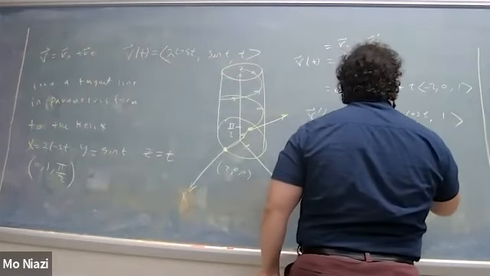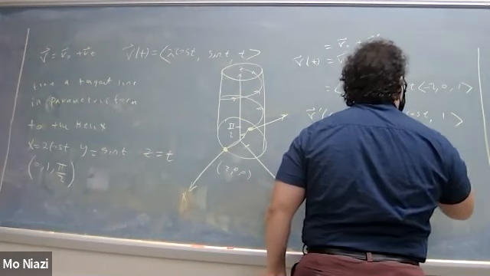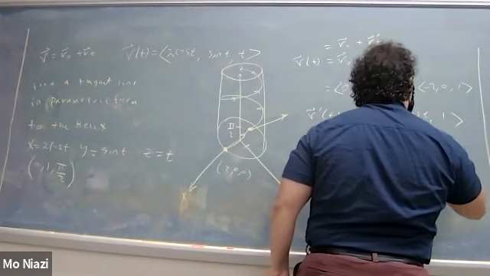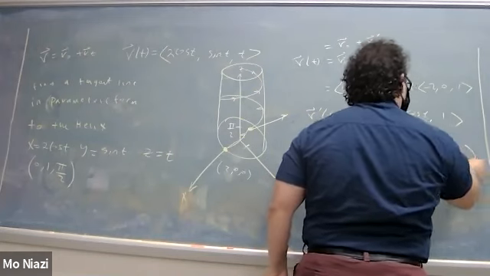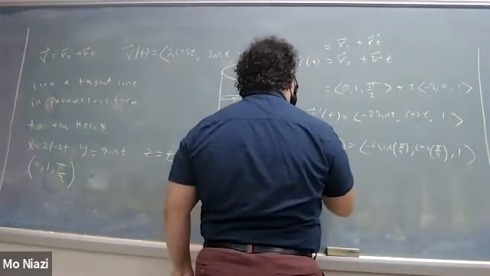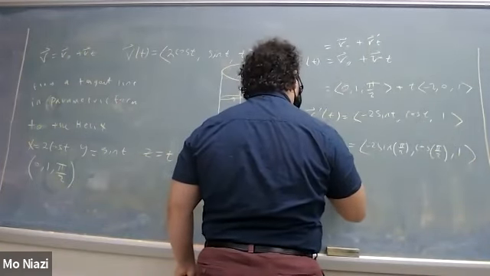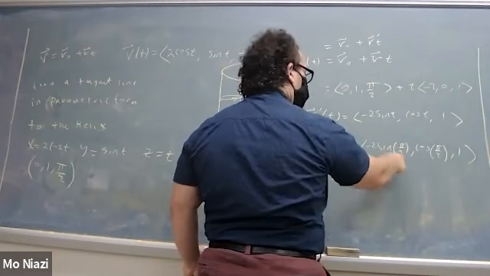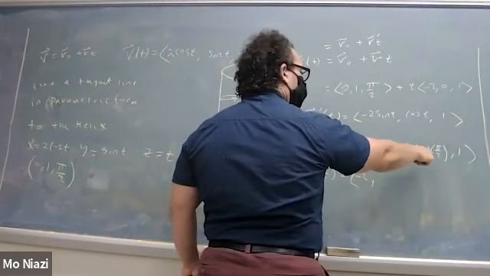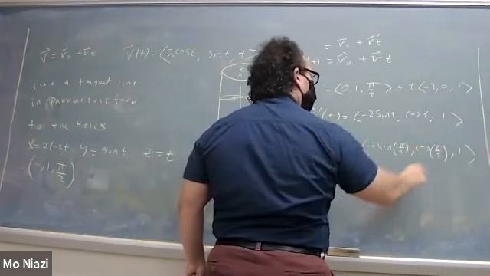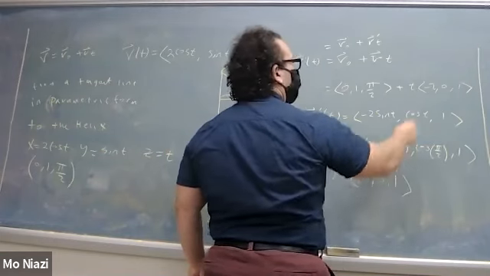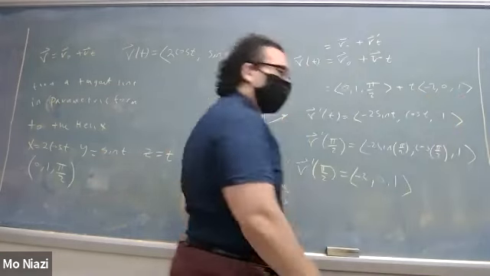Negative 2 sine of pi over 2. Cosine of pi over 2. And a 1. Notice that our r prime of pi over 2 is then equal to, well, this is a 1, so this is negative 2, this is a 0, and that's a 1. Notice that that's what these values are right here.